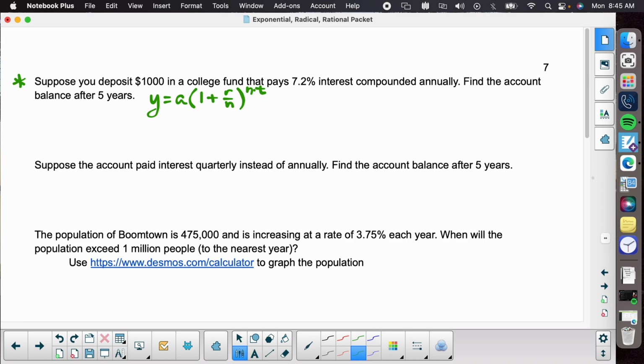Now, this formula looks a lot worse, because it has more things. The only difference though is this N. This N is the number of times compounded per year.